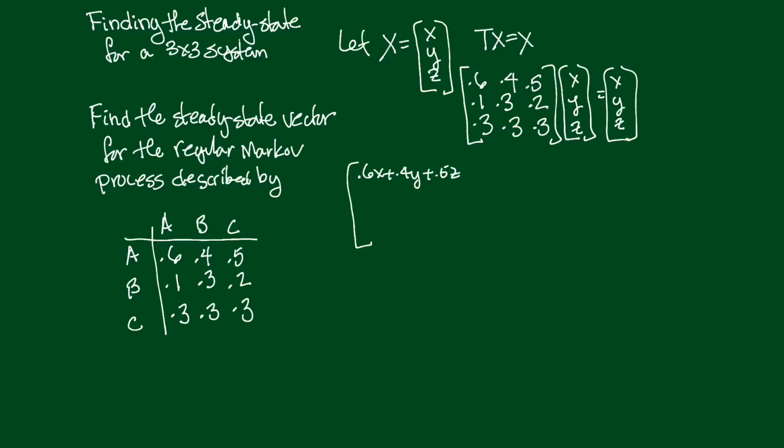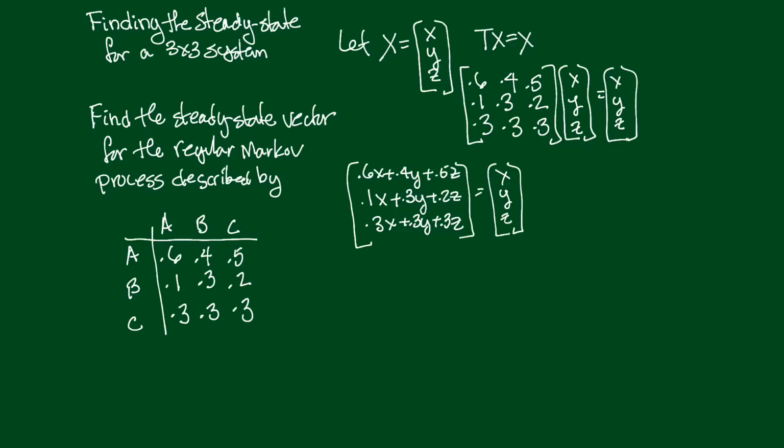First and first. I'll just do the rest of them. And this can be 0.1x plus 0.3y plus 0.2z, and then 0.3x plus 0.3y plus 0.3z, right? That's the multiplication of those two matrices on the left side of the equal sign. And this is equal to our steady state vector x, y, z.